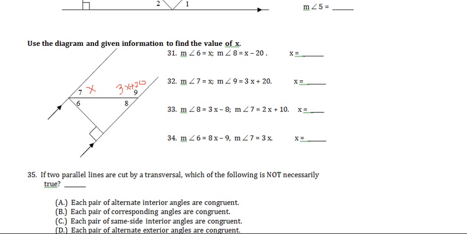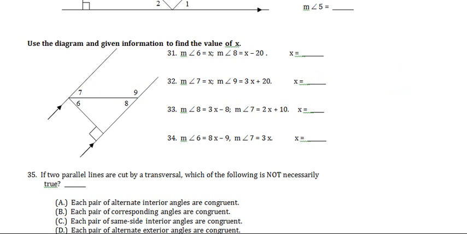Same side interior are always supplementary. So we get x plus 3x plus 20 equals 180. Subtract that over, I'm going to get 4x equals 160, which means that x right here is going to equal 40. Okay, make sure you have that written down.